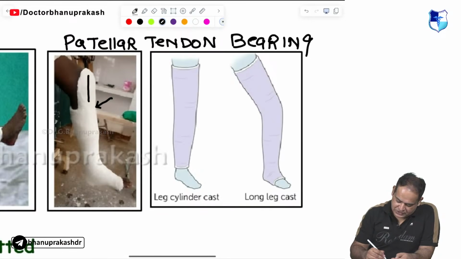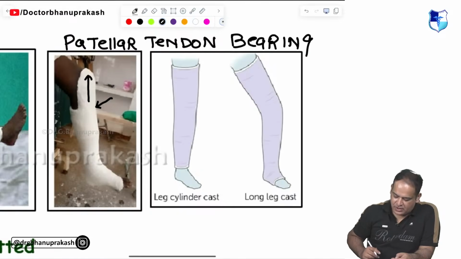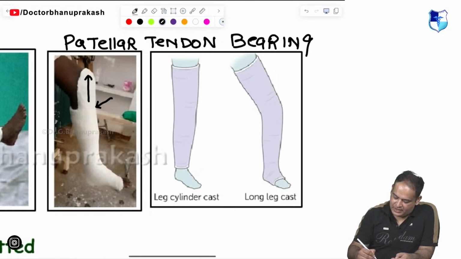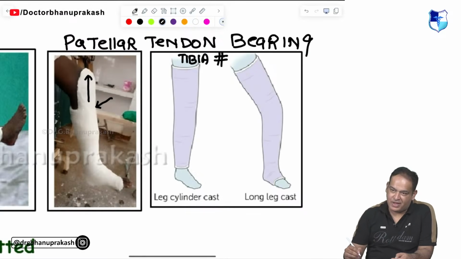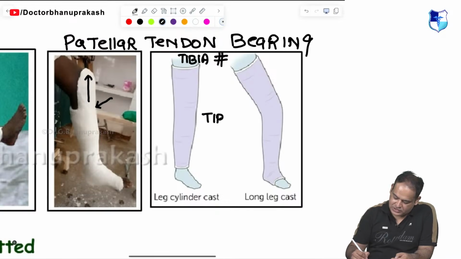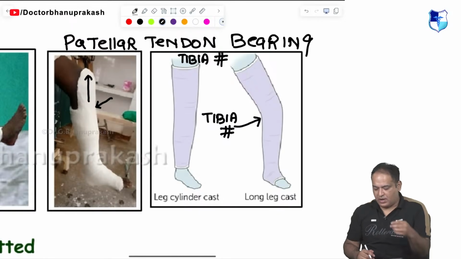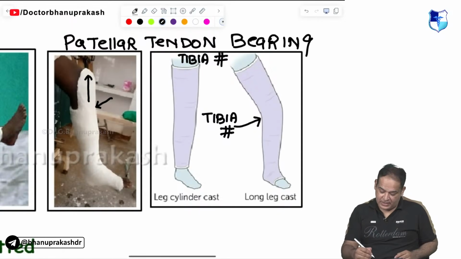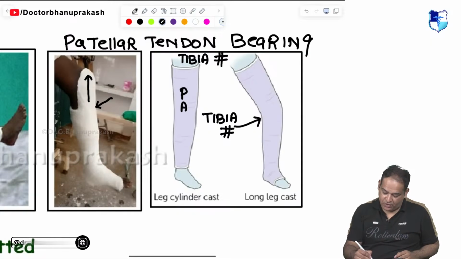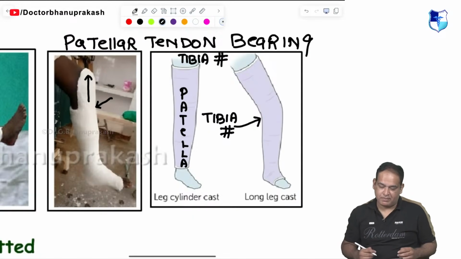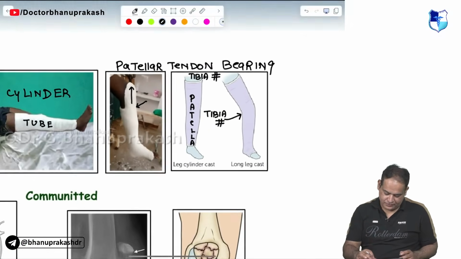Now, beyond this, if you include this, this becomes patellar tendon bearing cast, and this is used for tibia fracture. Long leg cast is also used for tibia fracture. Cylinder cast is used for patella fracture, right?